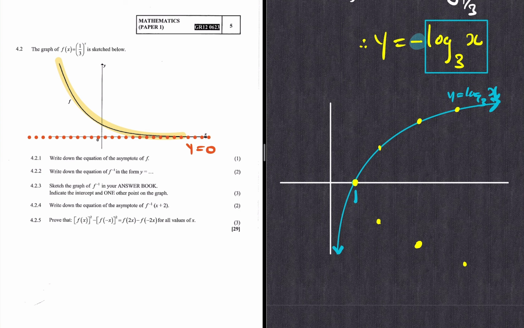Now let's reflect this point. It's possibly a half and something above the x-axis, so if you go down and reflect it, it's going to be like that. So this is going to give you a very beautiful graph, behaving like this.